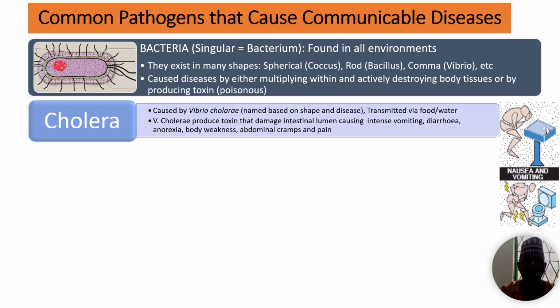Normally, water from the gastrointestinal tract is absorbed into the body together with the soluble food materials; in the case of cholera, the reverse happens, in which the toxin destroys the intestinal lining, leading to the backflow of the fluid from the blood, from the body, into the intestinal tract, and therefore this backflow leads to nausea, vomiting, and diarrhea.